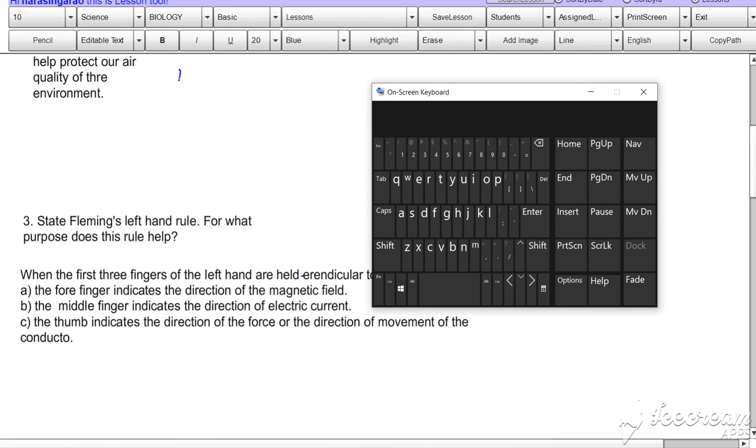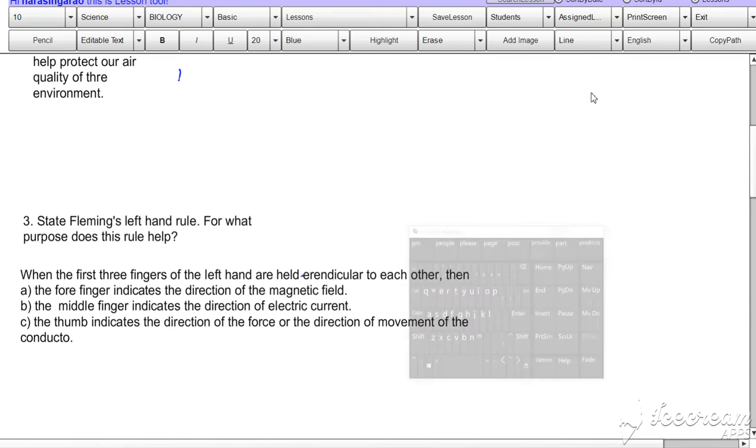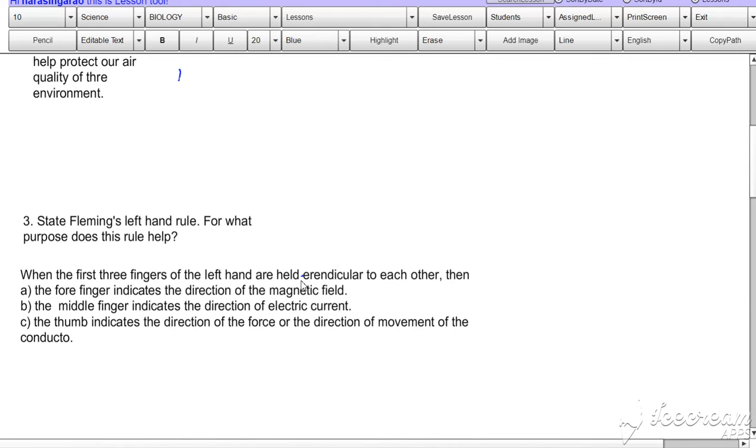Let me use the on screen keyboard. Yeah, perpendicular. So I have to put it here.